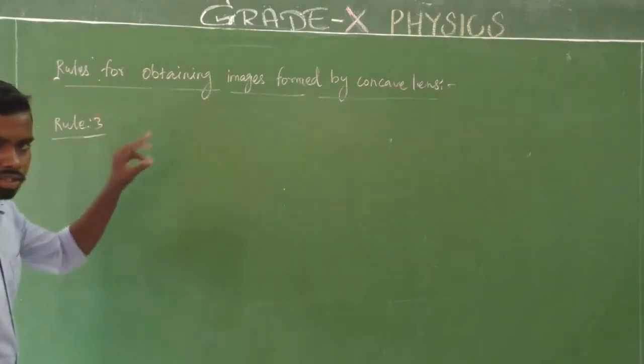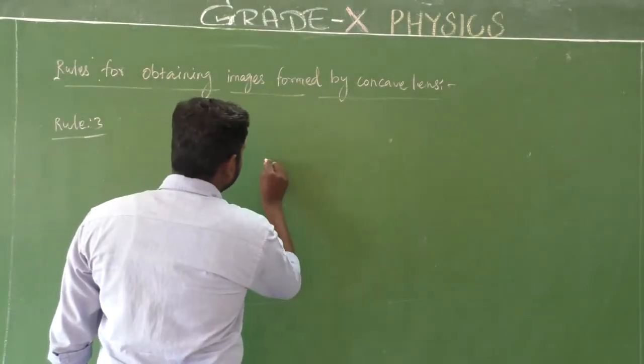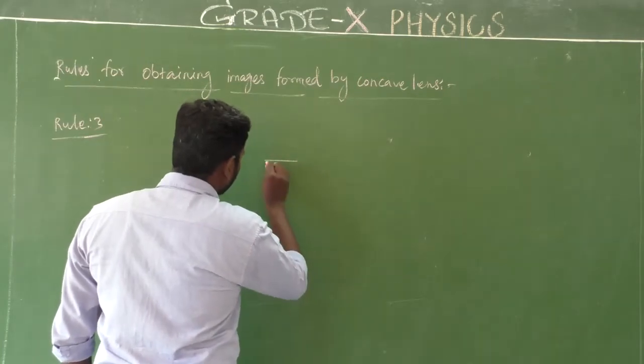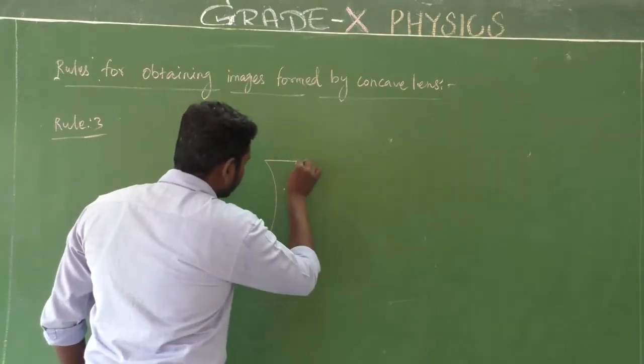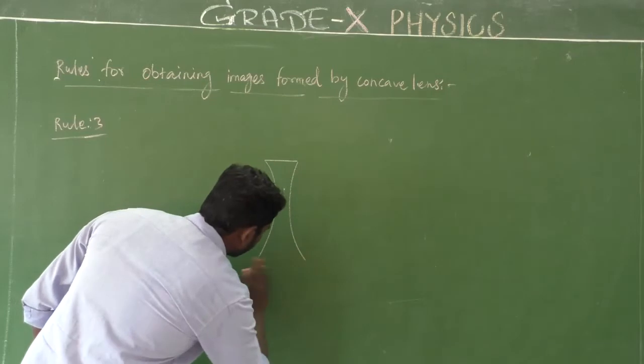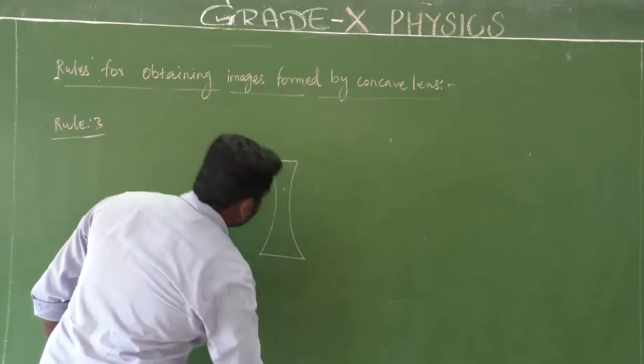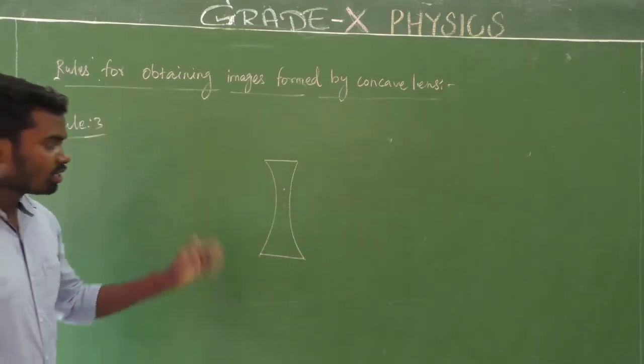So rule number 3. Consider a concave lens. This is the concave lens.